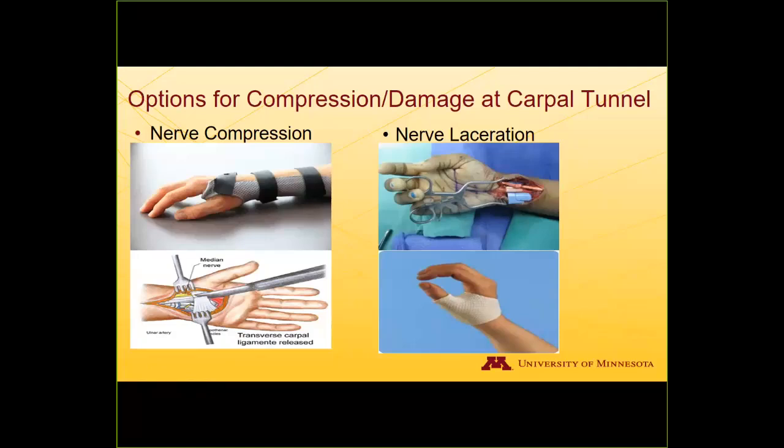Opponens pollicis, abductor pollicis brevis, and then most medial is flexor pollicis brevis. Yep, that's right. Okay. OAF. Okay. So the opponens is gone in this particular case. So we might make an orthosis like this to allow the person to actually oppose their thumb so that they can do prehension. Okay.